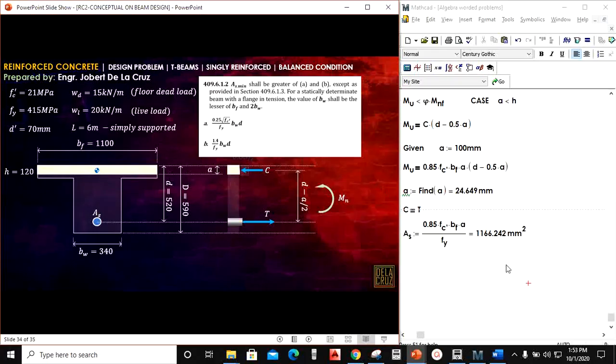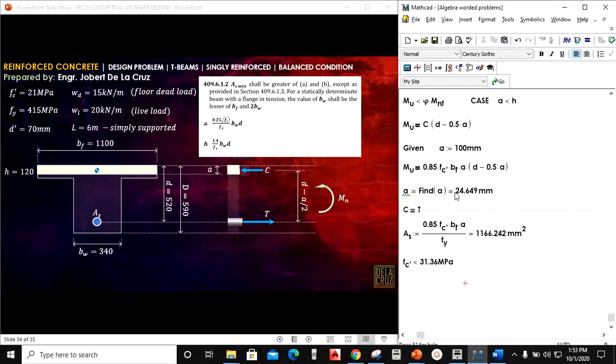In this case, take note that gagamitin natin to if yung fc prime natin hindi lumagpas sa 31.36. So, remember that. If fc prime is lesser than 31.36 MPa, then we will use this one.